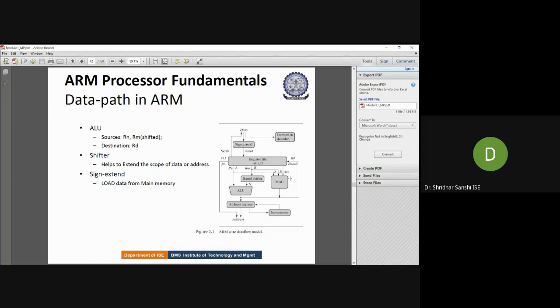How to write into a memory location and how to read from a memory location. I think I asked this question during class also. We have load and store instructions. Remember, load and store. What do we mean by the load instruction?